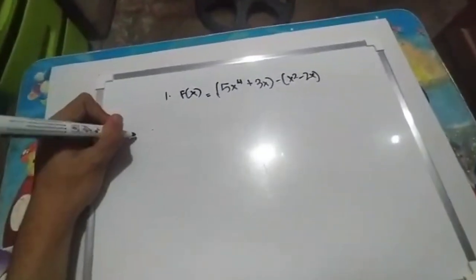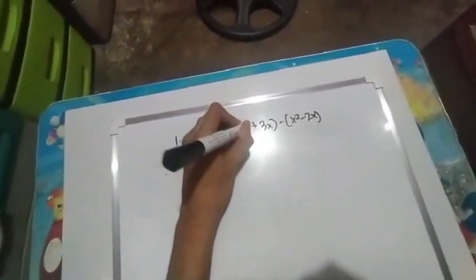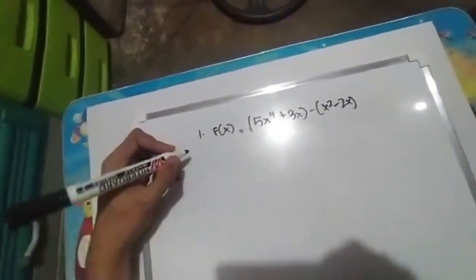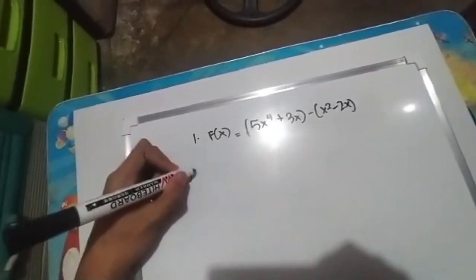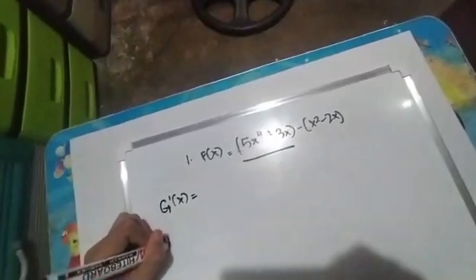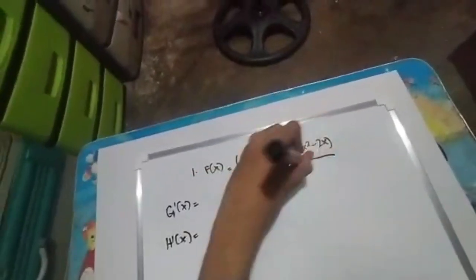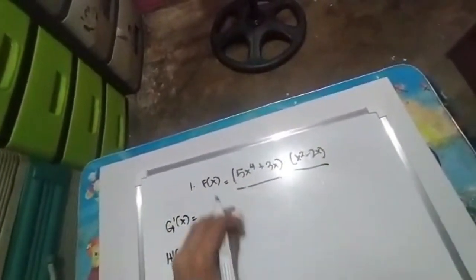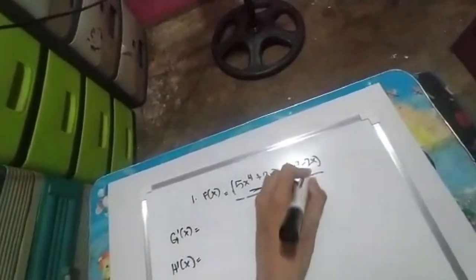So what we will do first is let's differentiate each. So g of x is this one, and then the h of x is this. The g of x is always this one, and the h of x is always this one.